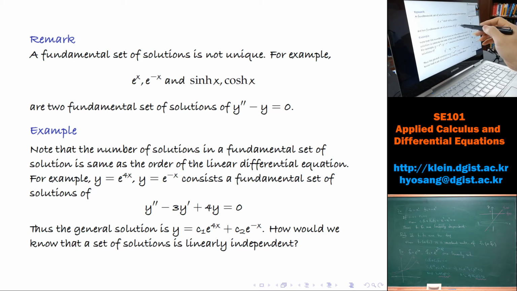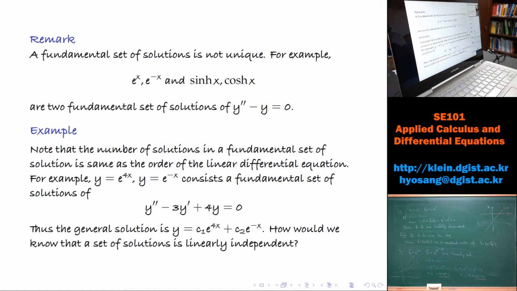Now, you can take your fundamental set of solutions as e to the x and e to the minus x, or as hyperbolic sine x and hyperbolic cosine x.